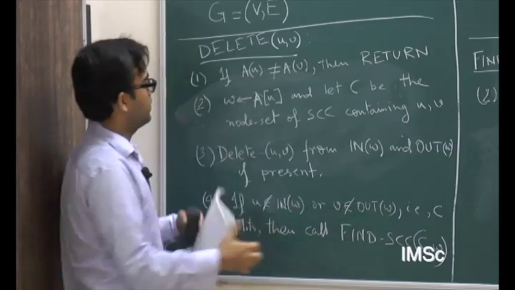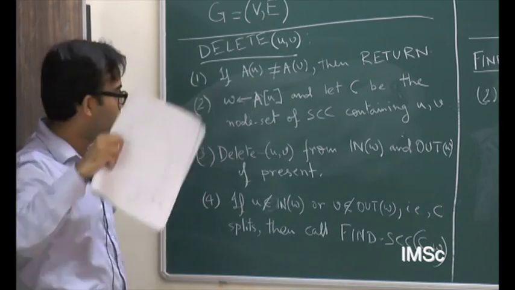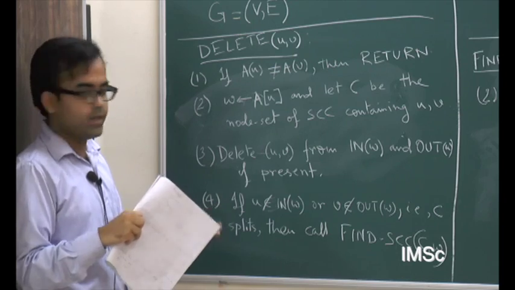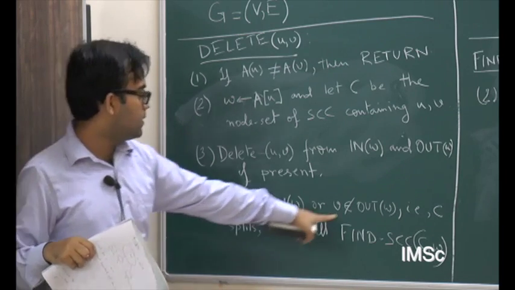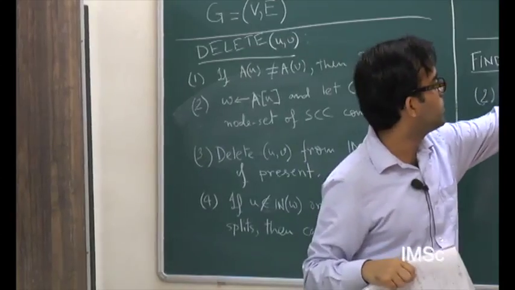So, now you can check, this part is easy, what delete is doing. This is just working within one connected component, and now this condition says that this component splits. What will you do? Let us see what you are doing.